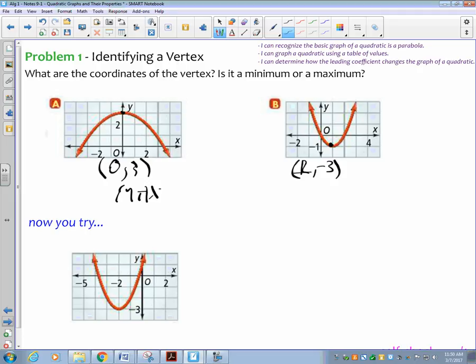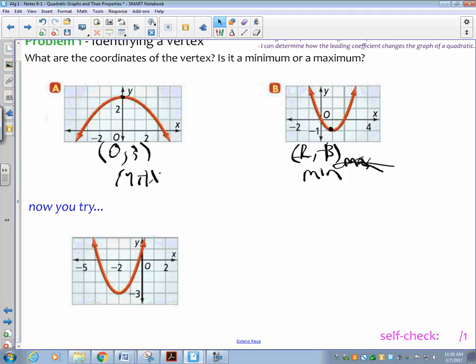So it's at 1 and down 1. And max or min? Min. You know what? I tried. It's a min, so change max. But it's smiling, so it has a bottom. So when we smile, you got this.